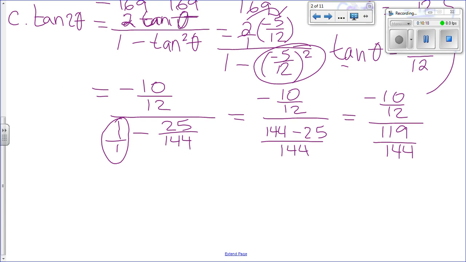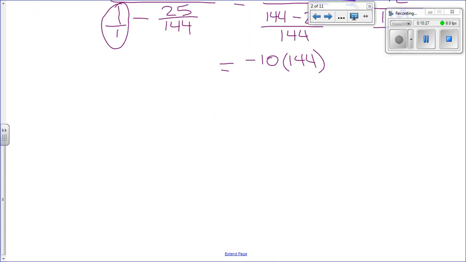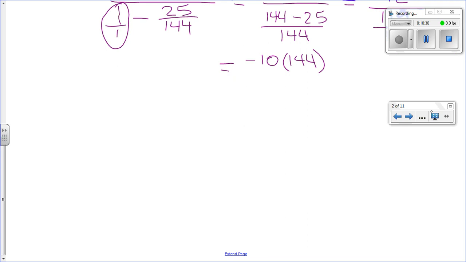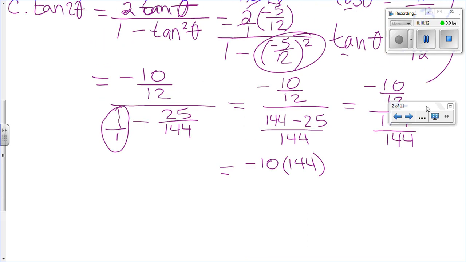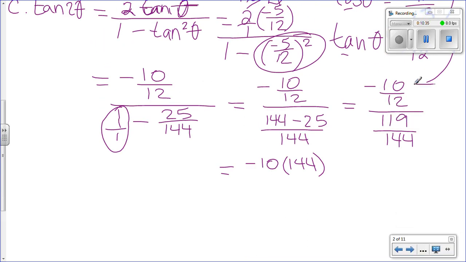And then we multiply. So that will be negative 10 times 144, and then we're going to multiply 12 times 119.